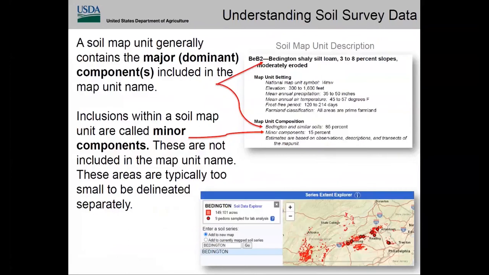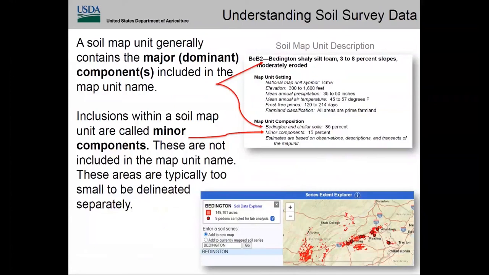So the map unit generally contains a major, or sometimes referred to as a dominant component, with minor components that are considered inclusions. And these minor components are just considered too small in size to be recognized on the soil map.